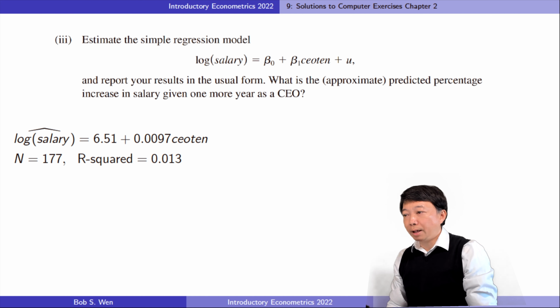Notice that when the outcome variable is in the log term and the explanatory variable is in the level term, the slope coefficient indicates the percentage change in the outcome variable for 1 unit change in the explanatory variable.